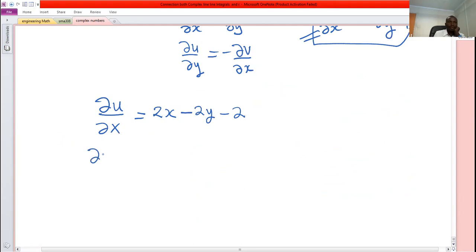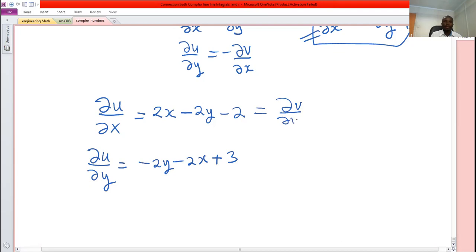And then partial u partial y will give us minus 2y and then minus 2x and then plus 3. So this is the same as partial v partial y, and this is the same as minus partial v partial x.